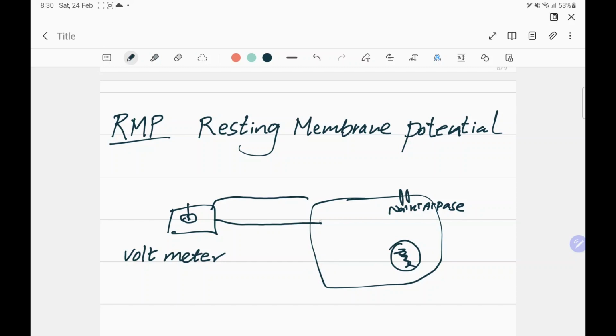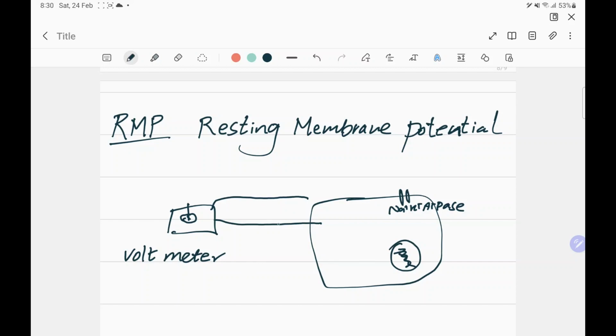So what it does is tell you the amount of charge that's separated, giving rise to voltage, meaning potential difference across the membrane. And this will be the inside value when you compare it to the outside value.